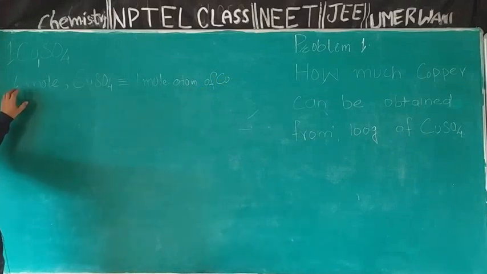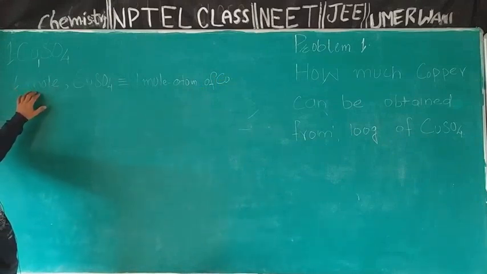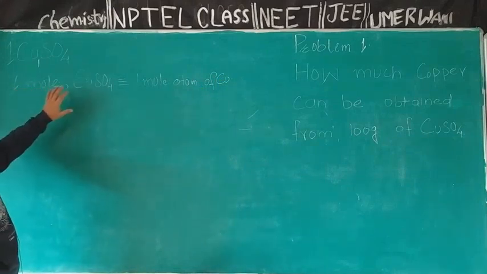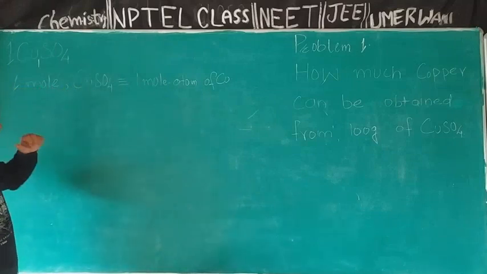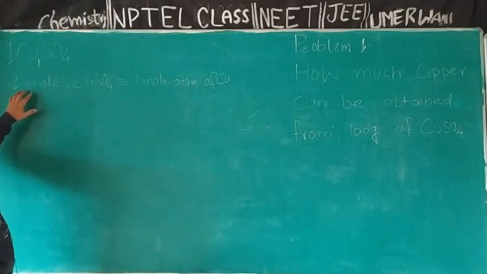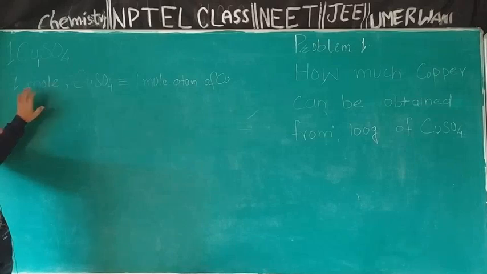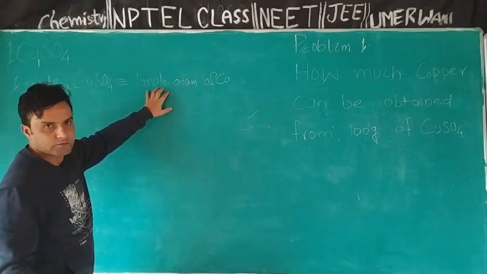I will now express the quantity of copper sulfate and copper in terms of mass, because I know that the mass of 1 mole is the molar mass, and the mass of 1 mole atom is the molar mass.